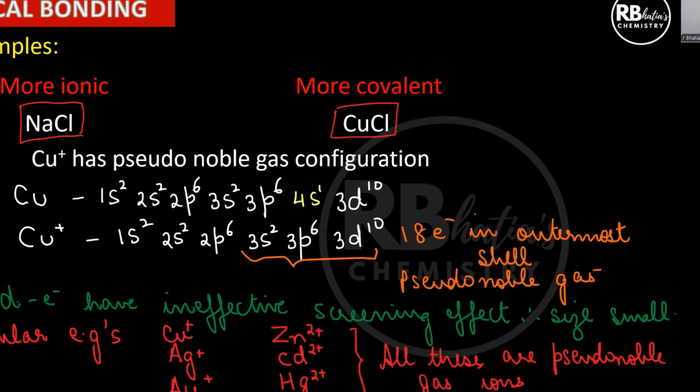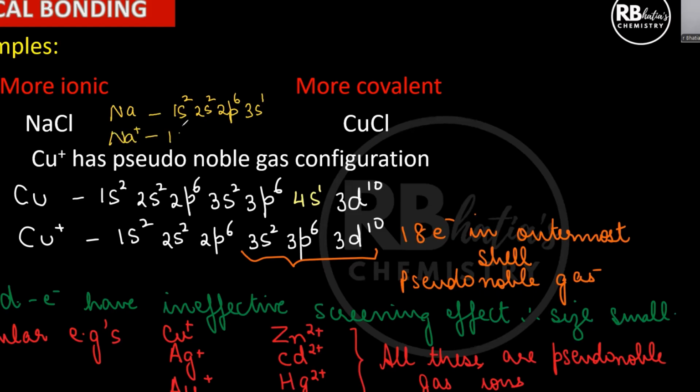Sodium ion has a noble gas configuration. Now, what is the configuration of sodium ion? Sodium is 1s2, 2s2, 2p6, 3s1. And sodium ion is 1s2, 2s2, 2p6.